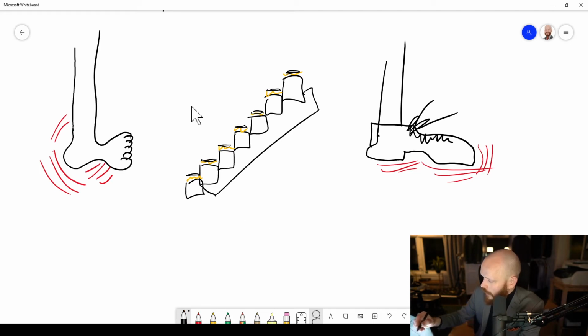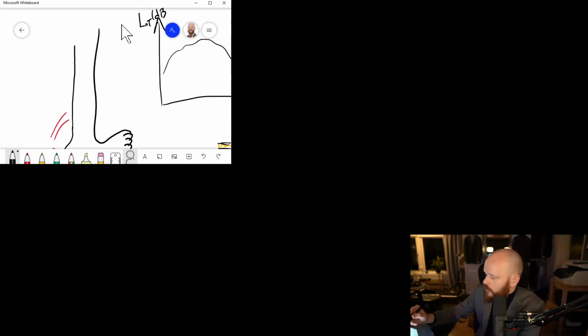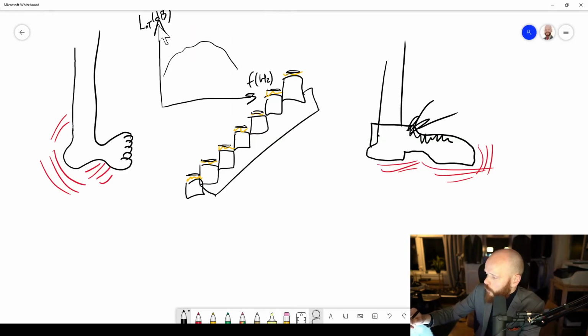If we look at the impact sound level, and you have some kind of curve here, you have frequency on the x-axis, and you have L and T. It's basically a sound pressure level from walking. A lower value is better. So if this is your starting position, and then you add these elastic layers on each step, what will happen is that you're going to tilt the curve up here.